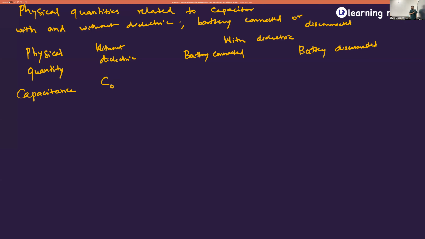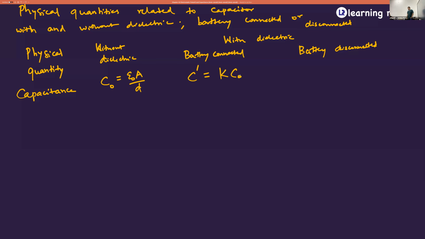Let me call it as C naught, where it is going to be epsilon naught A divided by D. Am I right? Now, within this, if you insert a dielectric, when I say insert, you are inserting it completely. You insert a dielectric and you keep the battery connected, then the capacitance C dash will be equal to K times C naught, where K is the dielectric constant, right?